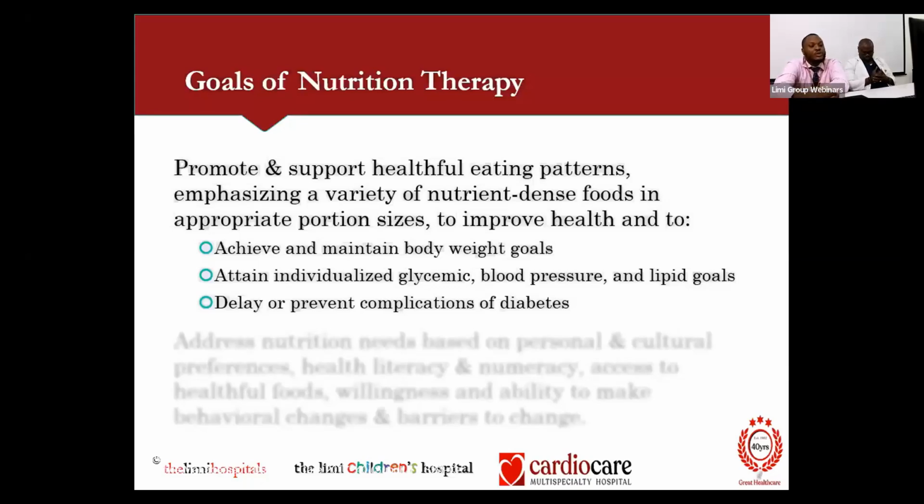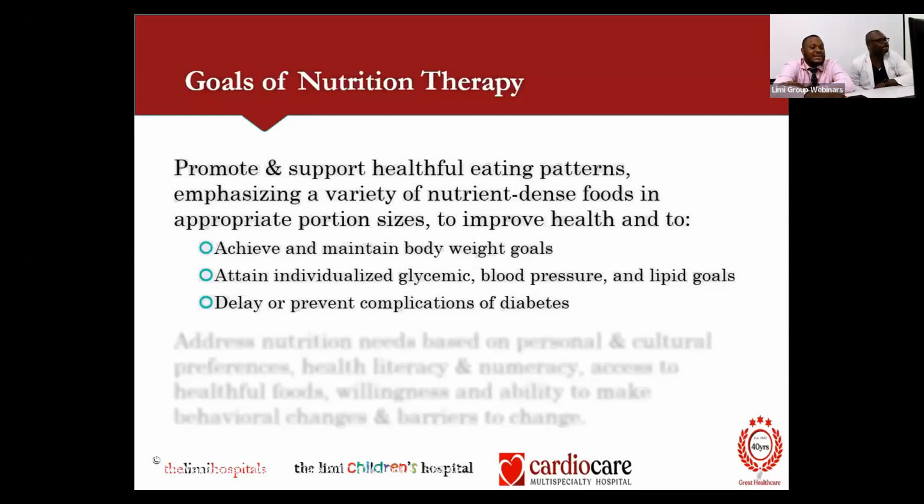We also always want to promote and support healthy eating patterns, and we should emphasize them eating food that is nutrient dense, and their portion size should be appropriate. They should not be eating large portions, which will lead to improving their health.